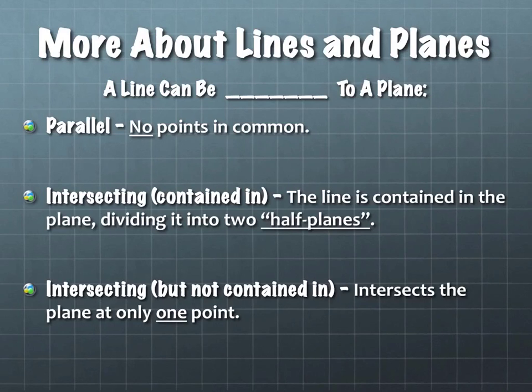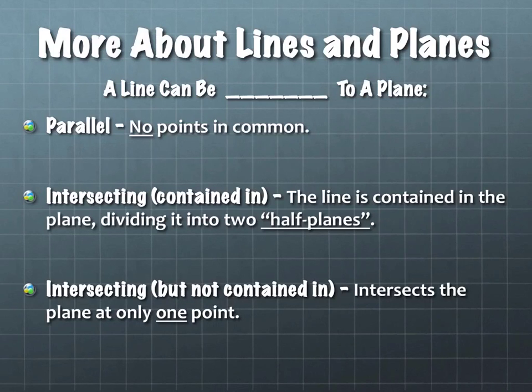That's what we mean when we use the word parallel. They don't have anything in common. It can be intersecting and contained inside of that plane, so it would divide the plane into two half planes. I'll give you visuals here in a second. Or it can be intersecting and not contained inside of it, sort of it punctures the plane, and it lands in only one point.